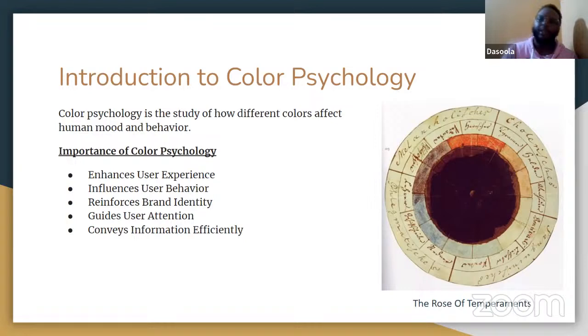So the image on the right here is called the Rose of Temperament. It is a diagram from, I think, the 18th century that was created to show 12 colors that are associated with 12 human traits, 12 character traits.